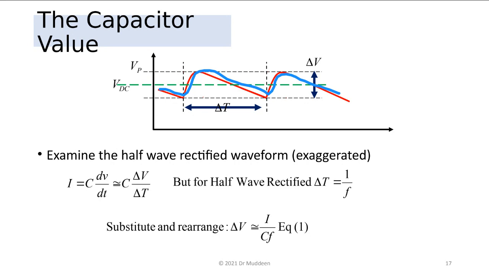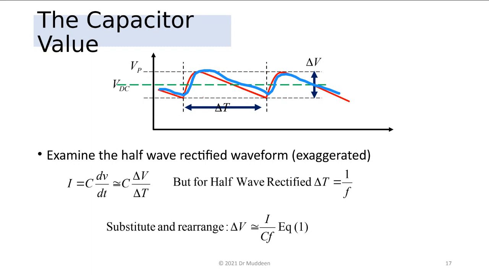We define delta V here, between the lowest and the highest, as the ripple. So the pulsating voltage after the capacitor now has a ripple, and the size of the ripple is delta V. It reaches some value which is Vp.